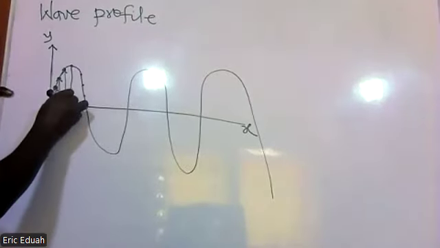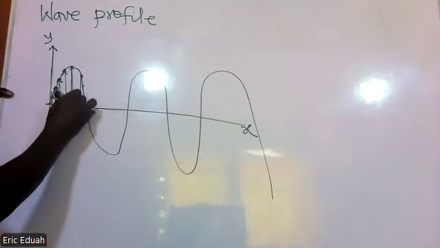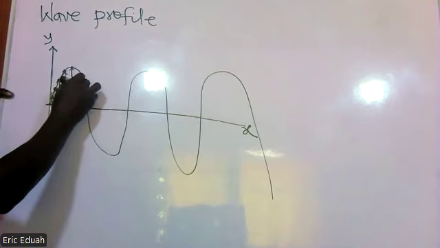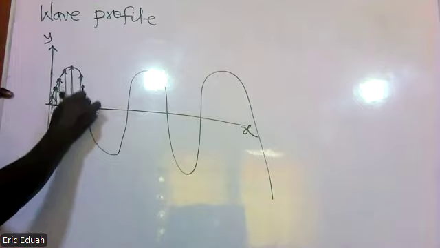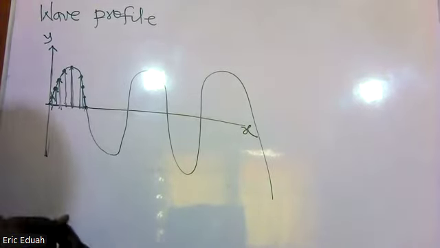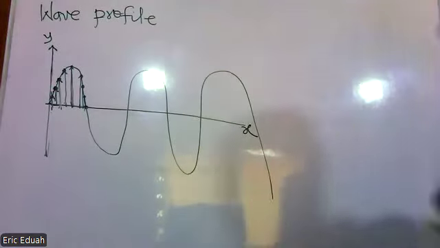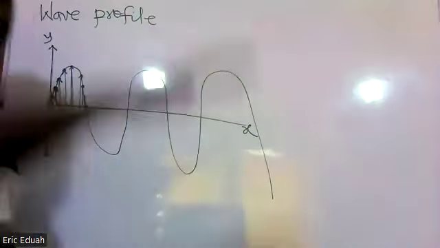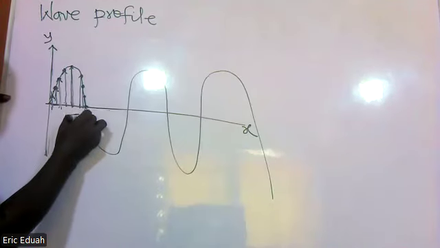And this is the maximum particle vibration over here. So the dots indicated represent particle vibration. When a particle is here, it means it has not vibrated. Then, because it's an up and down thing, we also have the same thing happening here.